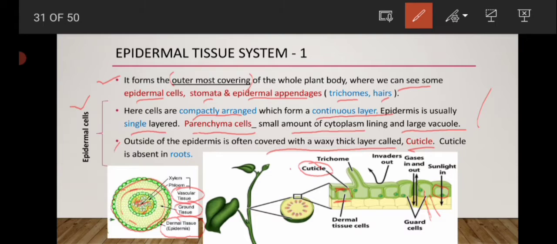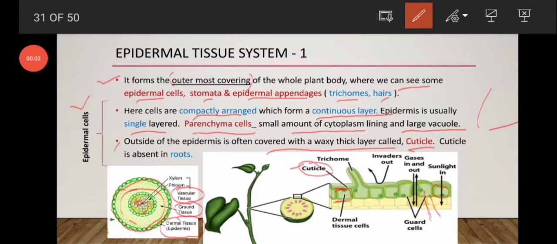Cuticle is impermeable to water, and the function of cuticle is to prevent water loss, and it keeps some parts of the plant moist. So we can see cuticle over the outermost layer of epidermal tissue.